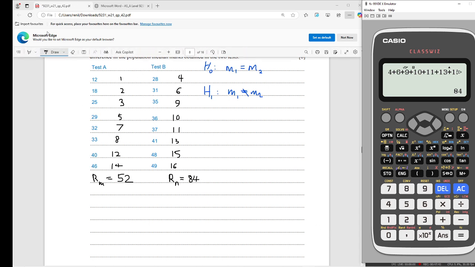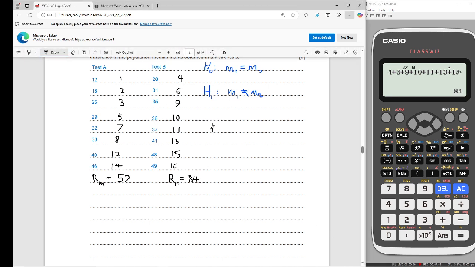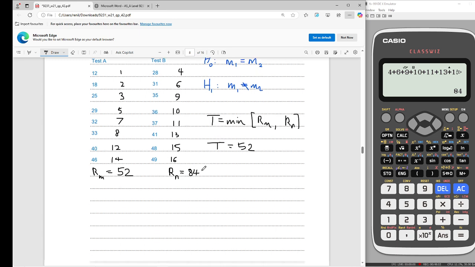Okay, so now to find the test statistic, T is equal to the minimum of Rm, Rn. So which one's the minimum one here? It's obviously Rm, which is equal to 52. That means T is equal to 52, our test statistic we found.